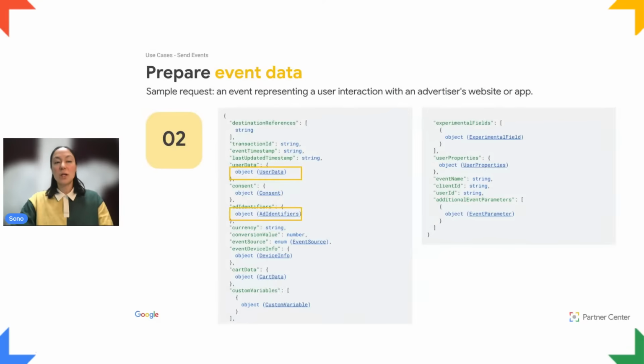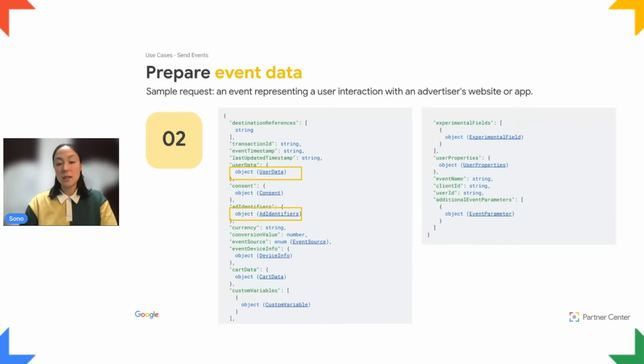Perfect. We're going into more code samples now, but as I mentioned, I want to dig deeper into the object of user data or the event data object, which is defined here with multiple fields and parameters. And as you can see, we do not have only the user data and the identifiers here. We have a lot more, which you might already know or are familiar with when you do conversion tracking, by having the conversion value set, the currency, and so on, and cart data.